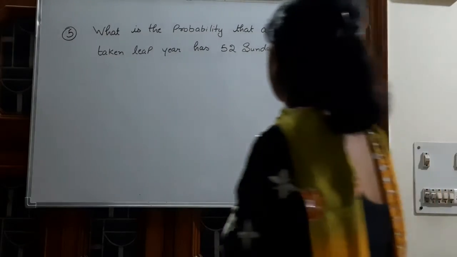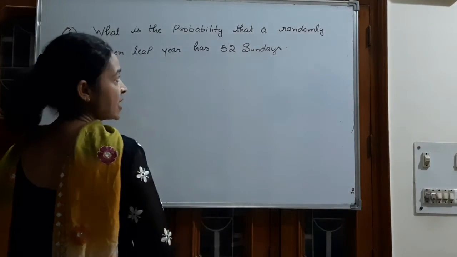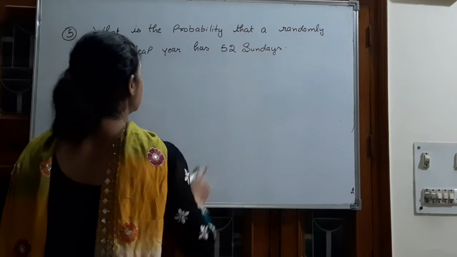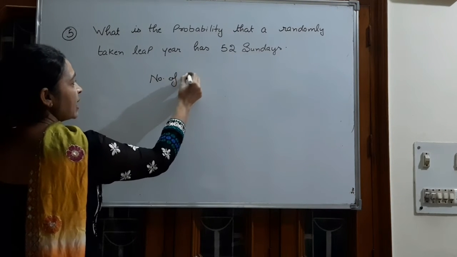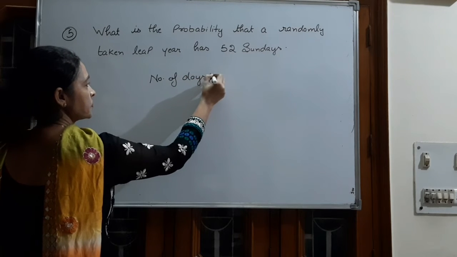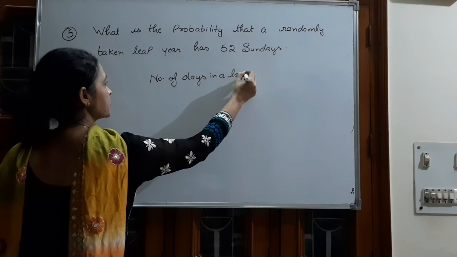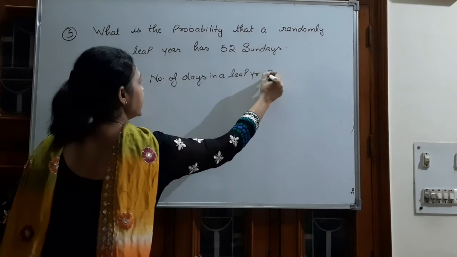The probability that a randomly taken leap year has 52 Sundays. Now, the number of days in a leap year are 366.